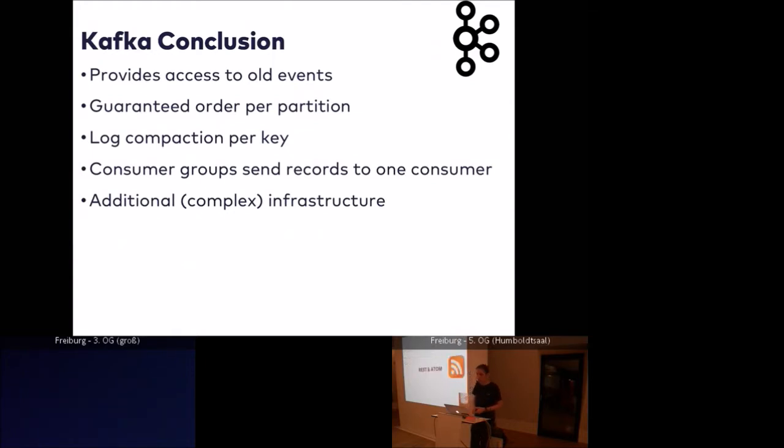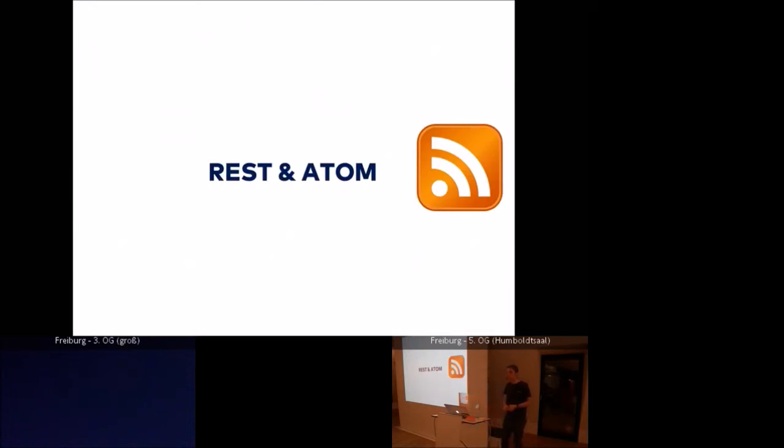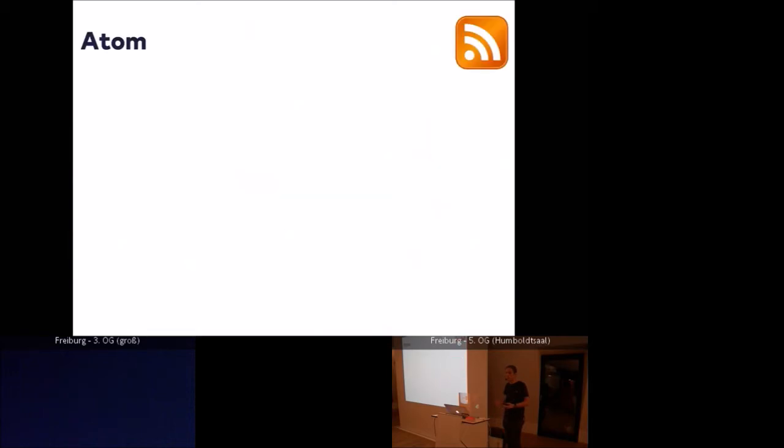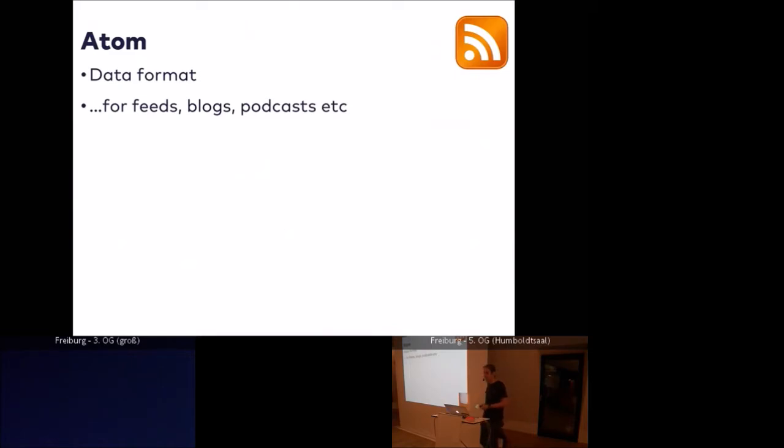So here's an alternative. We could just use REST plus Atom. Atom is the data format that we usually use for feeds, blogs, and podcasts, and so on. It is a data format that you can access through HTTP.